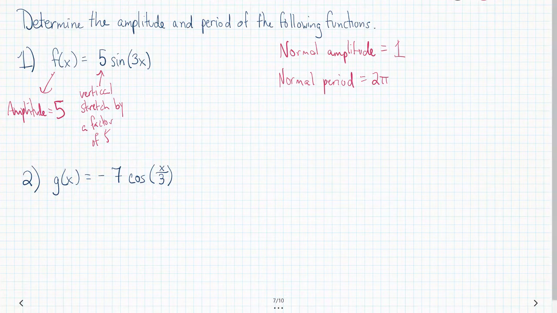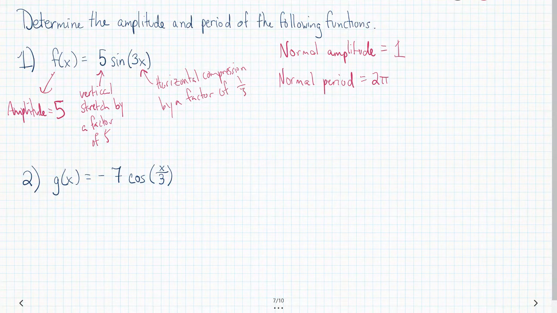And this 3x, since we multiplied x by 3, this is a horizontal compression. Remember, it does just the opposite. So rather than multiplying by 3, it's a horizontal compression by a factor of 1/3.